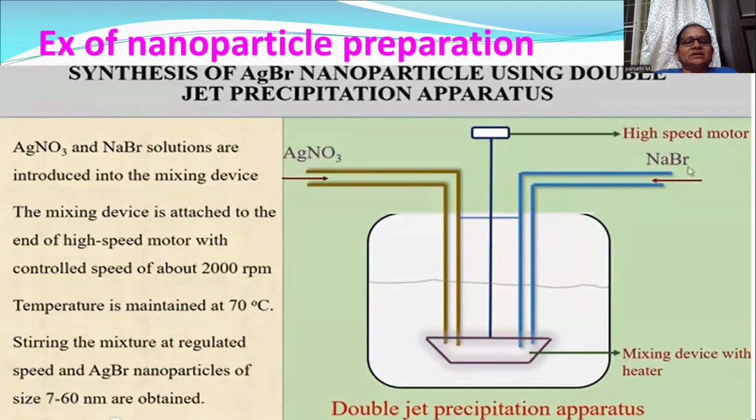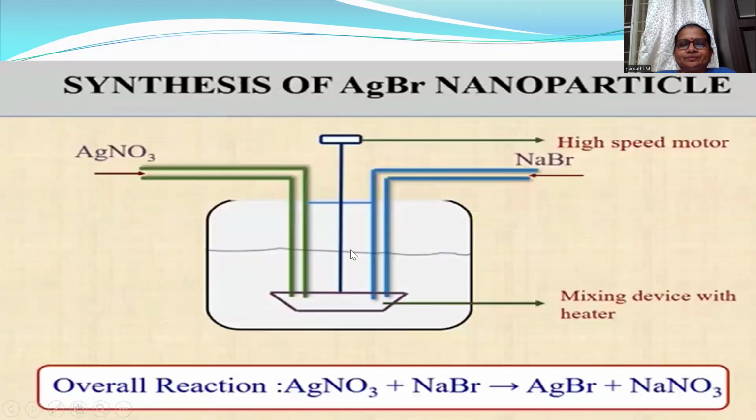The mixing device is attached to a high-speed motor with controlled speed of about 2000 rpm. The temperature is maintained at 70 degrees centigrade. Stirring the mixture at a regulated speed yields silver bromide nanoparticles of size 7 to 60 nanometers. With continuous stirring, the particles get separated, so the high-speed motor results in nanoparticles in this setup.